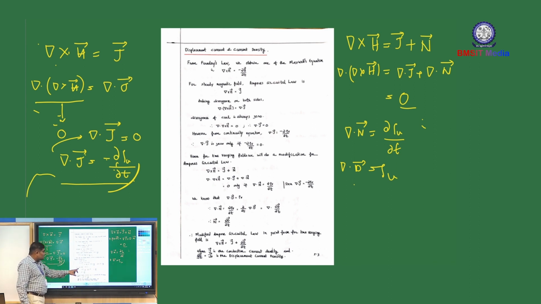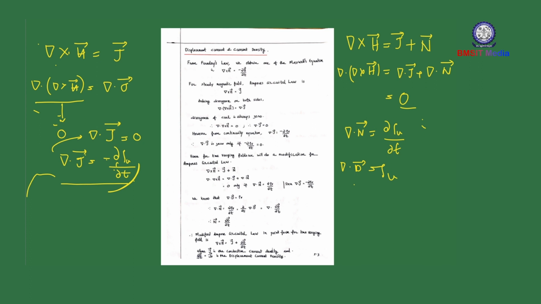So now because of this, what we can write here is, let us take the equation, del dot n is equal to dou rho v by dou t, that is also equal to dou rho v by dou t. Substitute for rho v here, dou by dou t of, what is rho v from the previous equation?